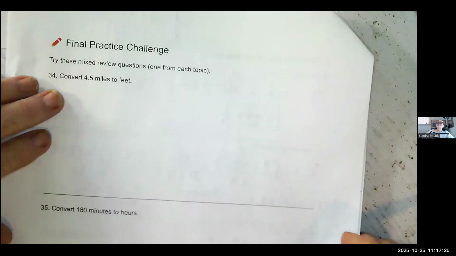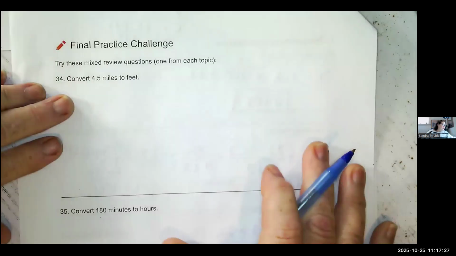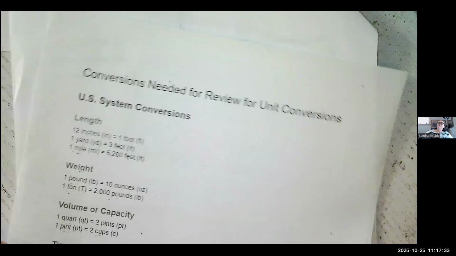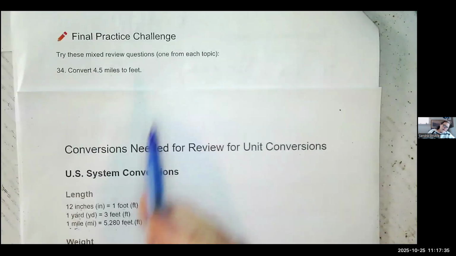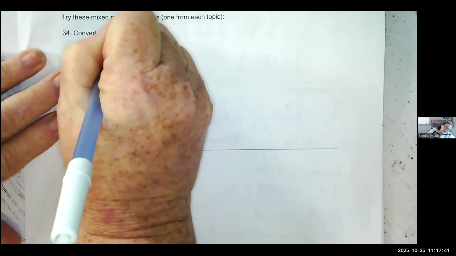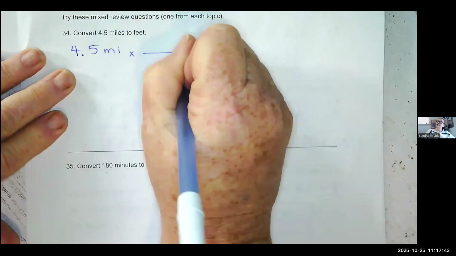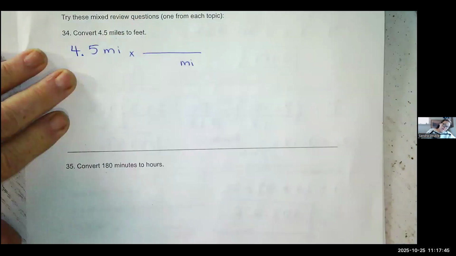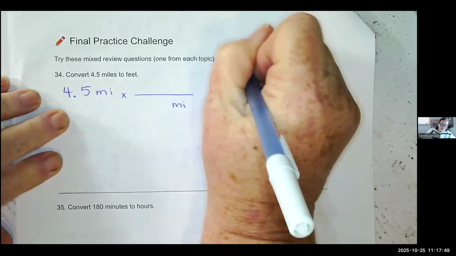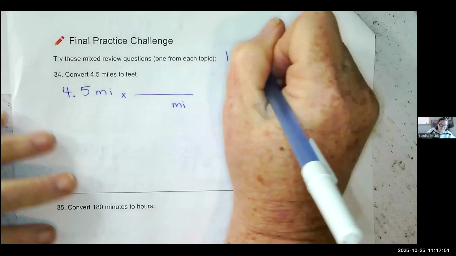Convert 4.5 miles to feet. So we're going to go back to our units for American, and this is length, miles and feet. We have right here, miles and feet. Start with what you're given. Get rid of the miles because we don't want miles, we want feet. And I just showed you that we have one conversion that'll get us there. 1 mile, please use the 1 with the miles, is equal to 5,280 feet.